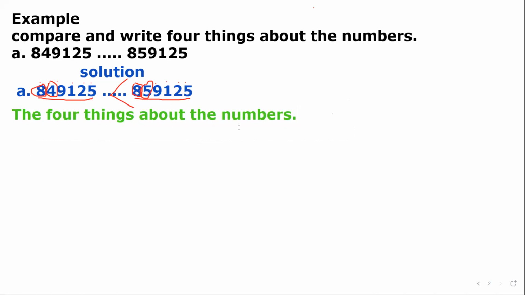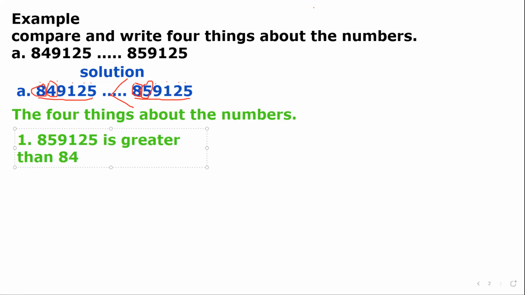The 4 things about the numbers. And what you are going to write here is the true statement. 1. 859125 is greater than 849125.